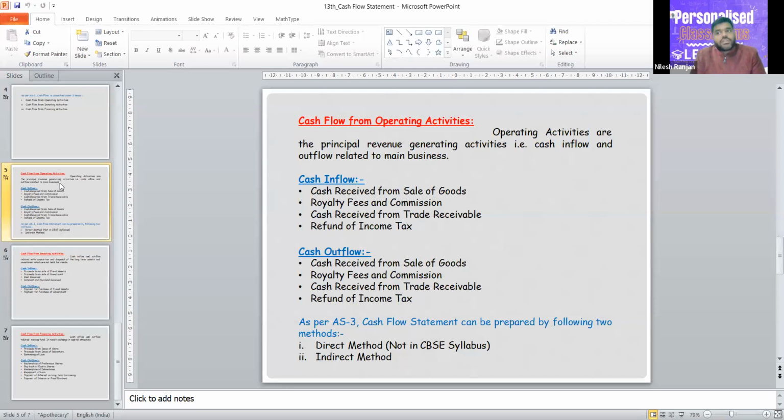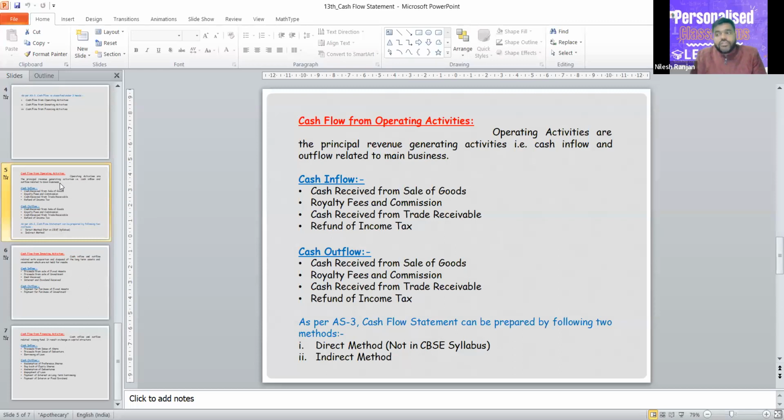Sometimes when we take on lease some property, if we are receiving royalty from that property, then it will go to investing activities. But in general, royalty fee and commission will be considered as operating activities.